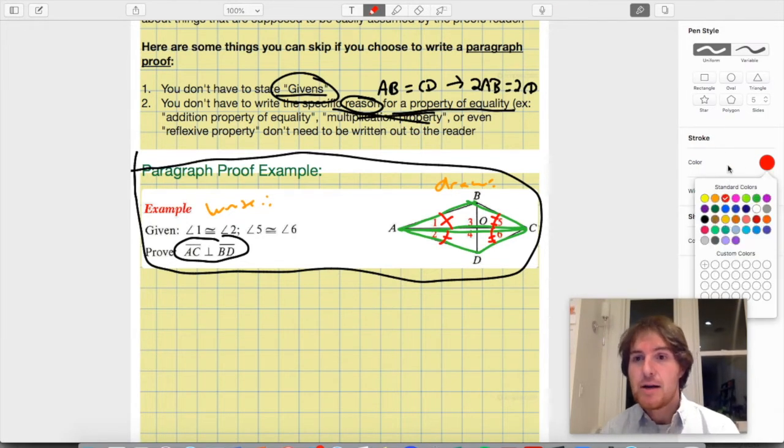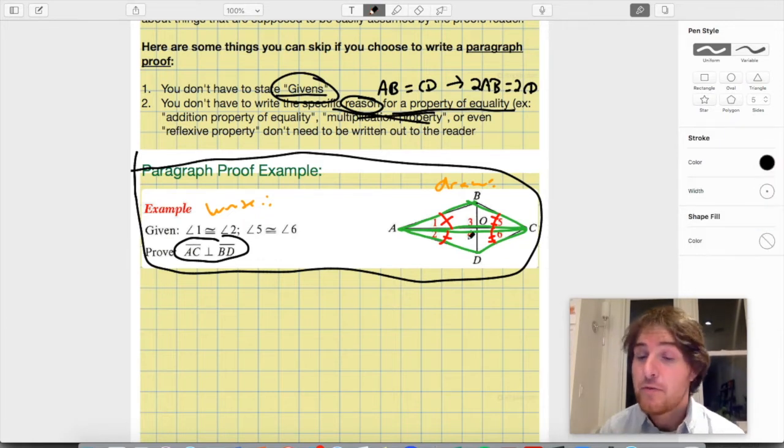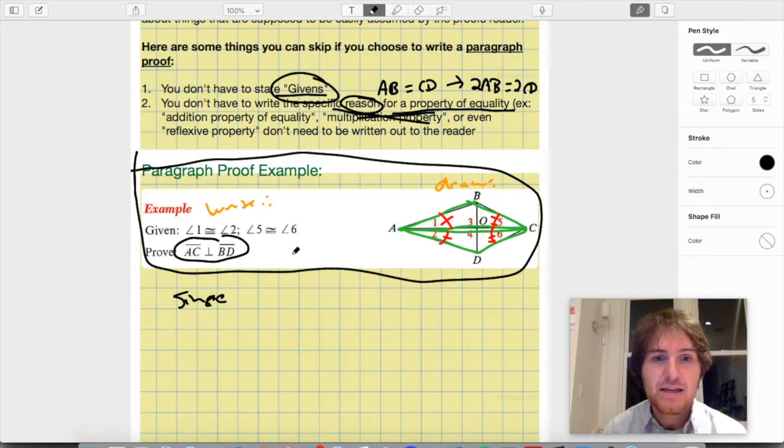Okay, so we can just start the proof by proving, remember, we proved these two triangles congruent. The top triangle is congruent to the second triangle here. So what we can say is that, since we have givens, we might as well mention them, because we need to use the givens to state that that triangle is congruent to that triangle.